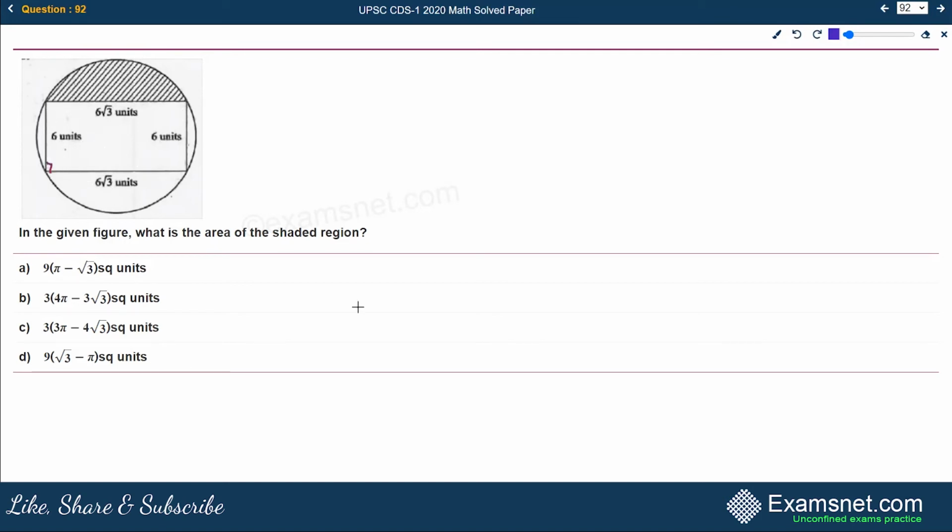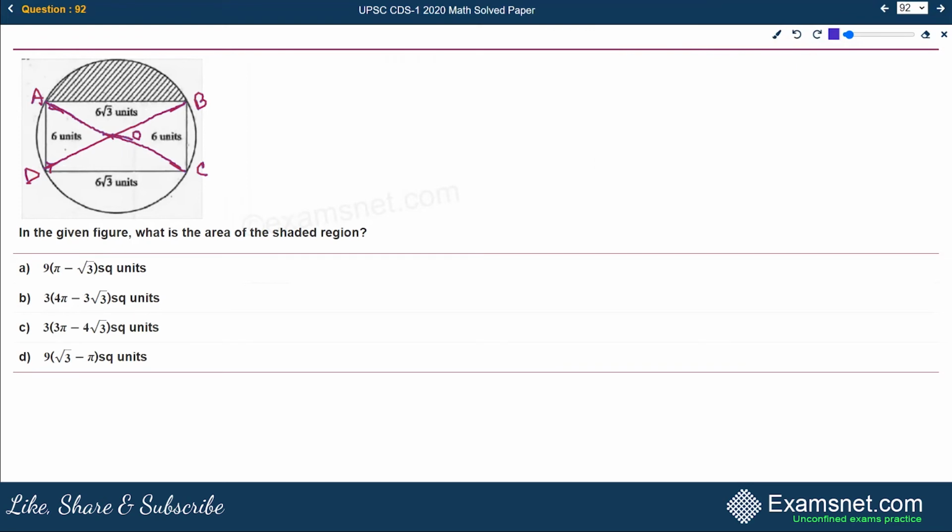If we name this, let's say A, B, C, D. Now we will mark the center O in between. First join the diagonals BD, and also AC. Where these two diagonals meet each other, that is the center of the circle.